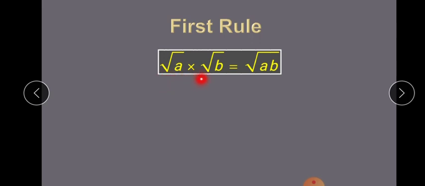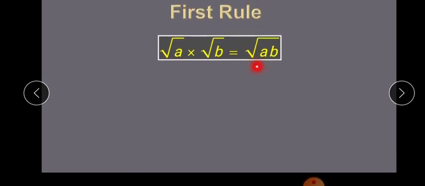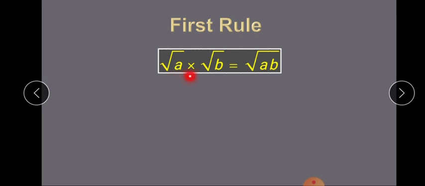One is a, the other one is b. So in that case, we take a common root and multiply both the numbers. So root a into root b is equal to root of a into b, where we take a common root and then multiply both the numbers.